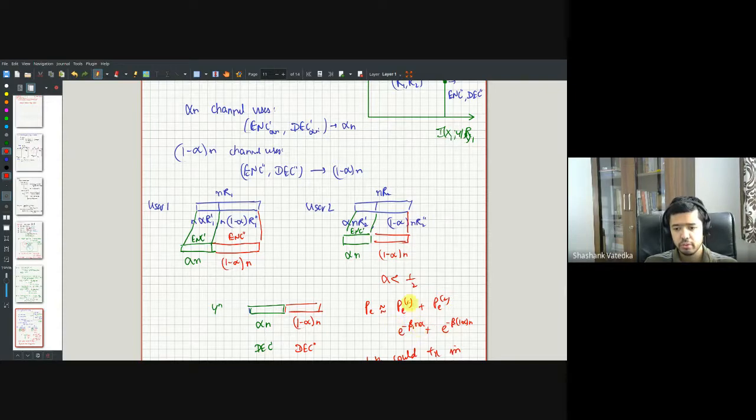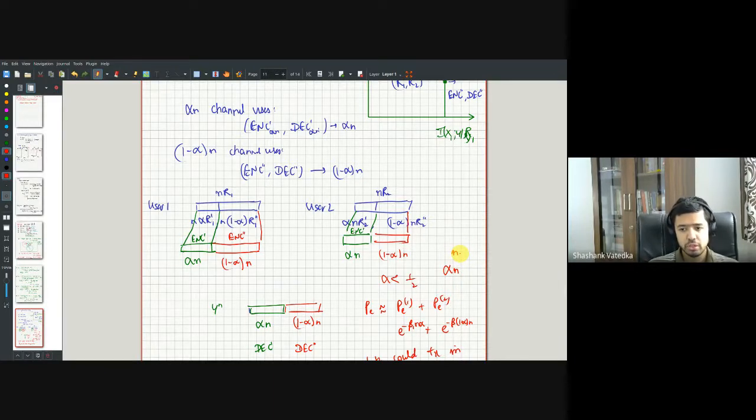So the overall probability of error decays exponentially, but it decays exponentially in alpha n, assuming that alpha is less than half. If it's greater than half, then the dominant term is an exponentially decaying term in 1 minus alpha n. On the other hand, if we try to design a joint decoder, then we can design a scheme which achieves the same rate pair, but the probability of error now does not decay in alpha n, but directly decays as e to the minus some constant times n.